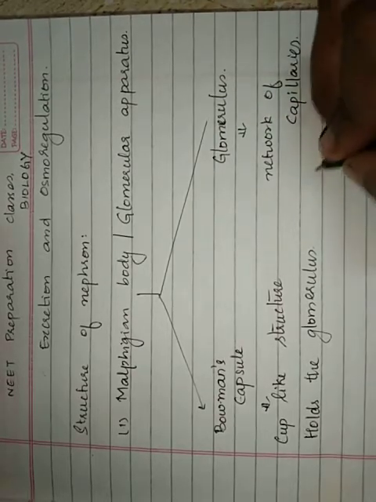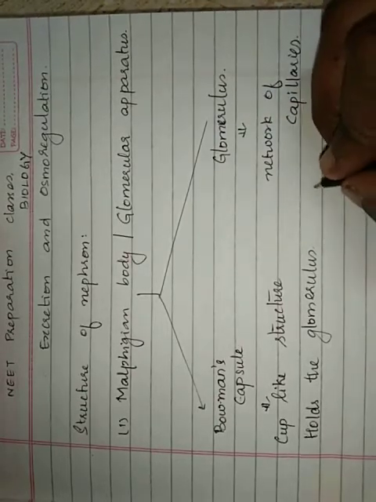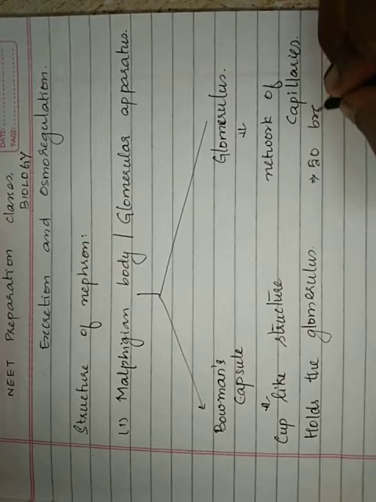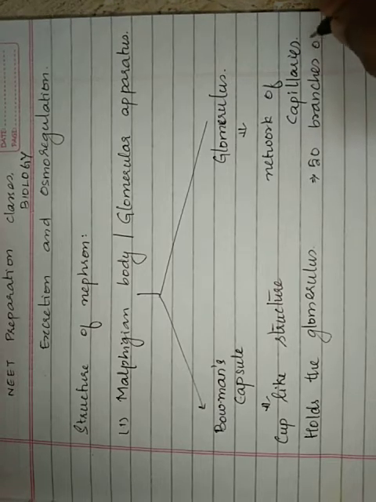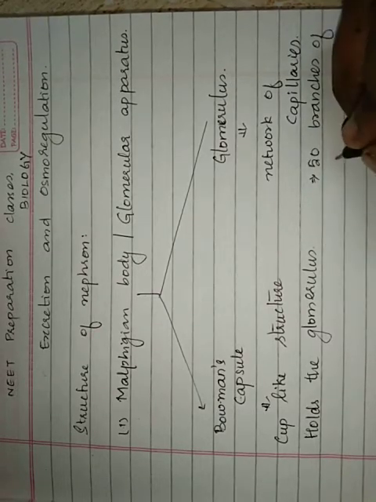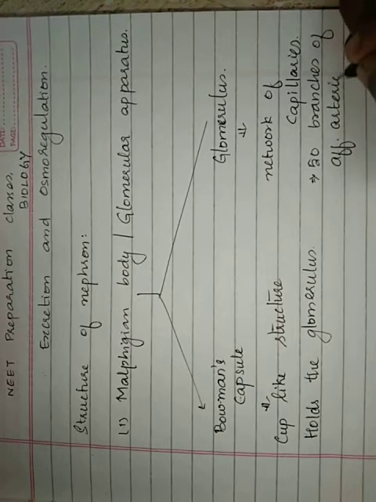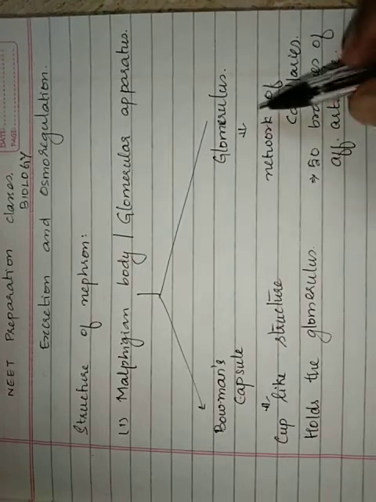Within a single Bowman's capsule there are going to be nearly 50 branches of the afferent arteriole, which we call the glomerulus.